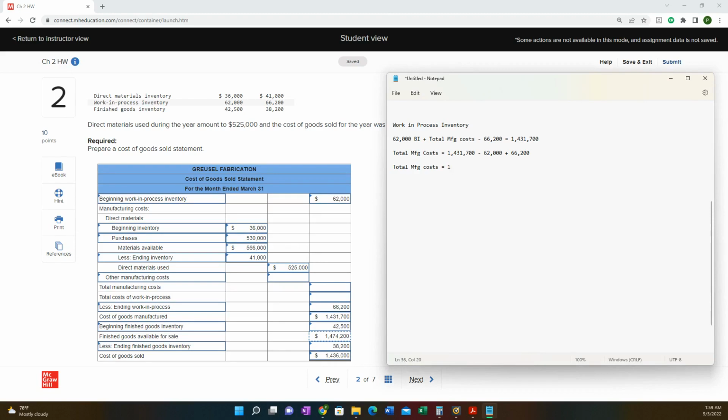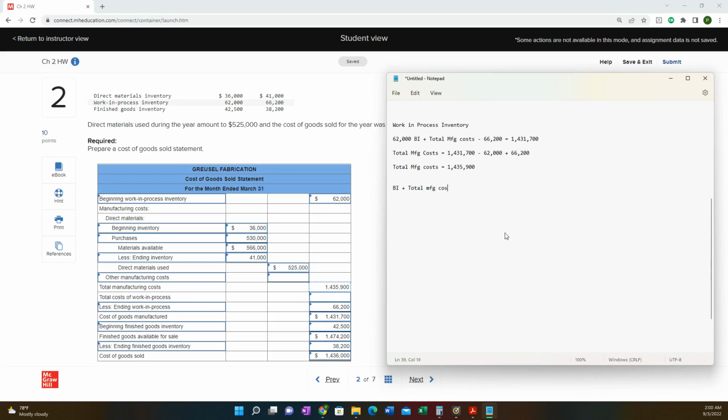So for the next line, total costs of work in process, we're going to use the same formula. We're going to use the shorter formula, beginning inventory plus purchases equals cost of goods available for sale, except in this case, we're going to have beginning inventory, which is work in process, plus total manufacturing costs equals total work in process.